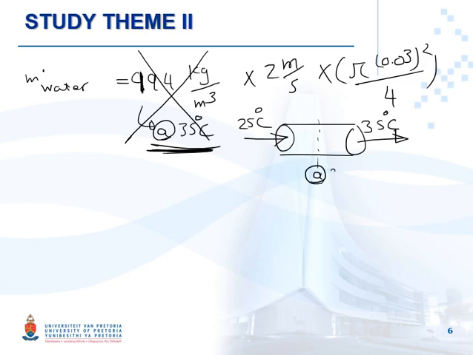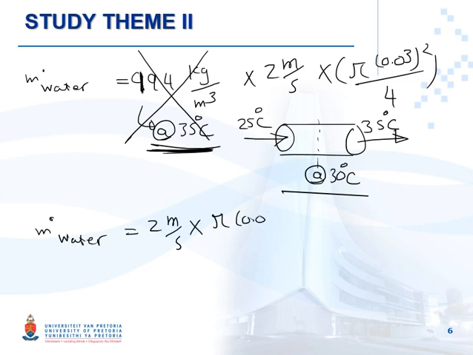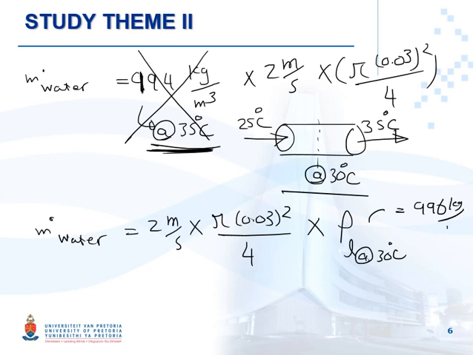The right temperature is 30 degrees. Okay, so m dot of water is 2 multiplied by pi times 0.03 to the power of 2 over 4, times rho_L at 30 degrees, which is equal to 996. It will be equal to 1.408 kilograms per second.